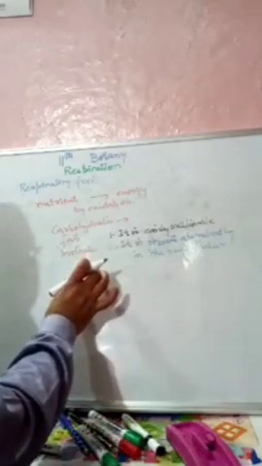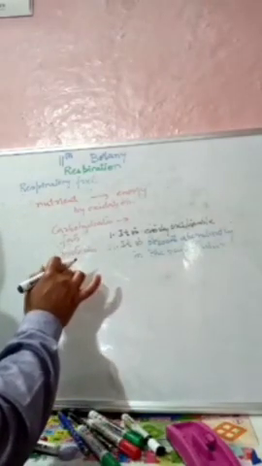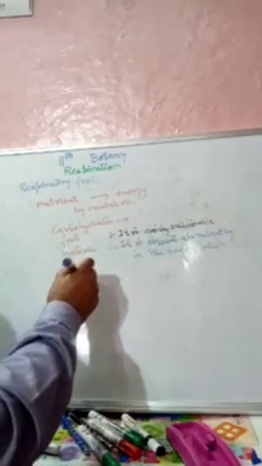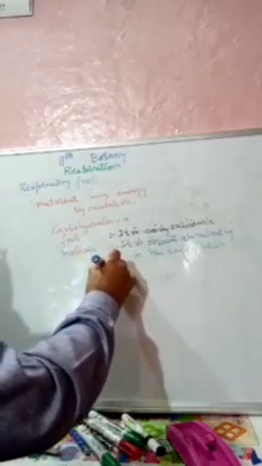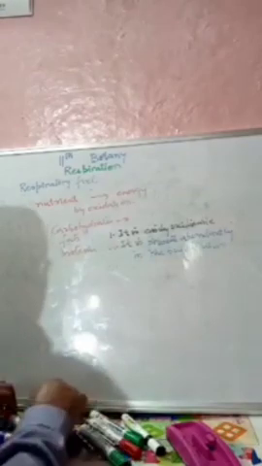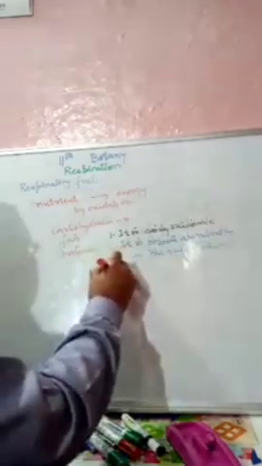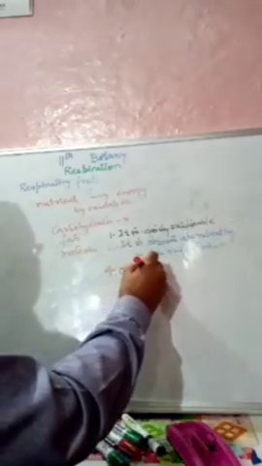Now the calorific value, the physiological fuel value of carbohydrate, is 4.0 kilocalories.